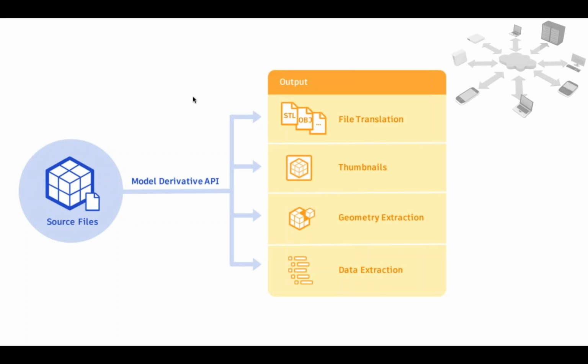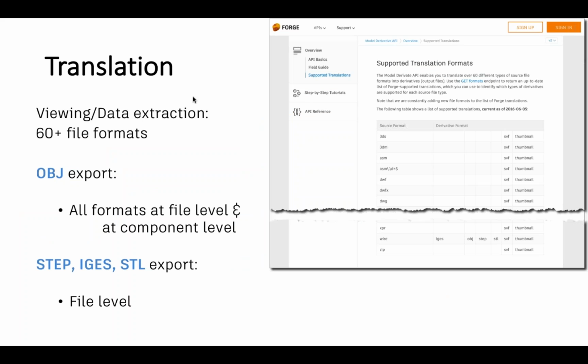Also, you can extract thumbnails from your design, you can extract geometry, and you can extract data, metadata, and properties of your CAD file. Concerning the translation, the model derivative API supports C++ format at the moment, and this number is growing. There is a specific endpoint that tells you exactly which formats are currently supported.